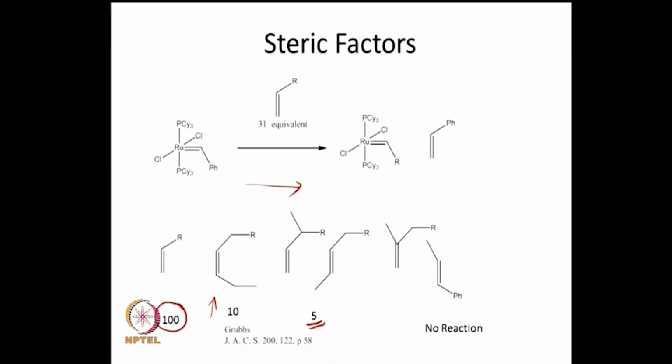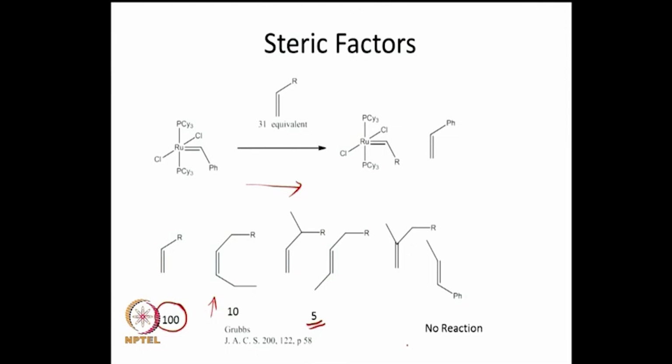If you have a heavily substituted olefin, especially one with a phenyl group, such as a styrene, then the reaction is practically non-existent with the Grubbs first generation catalyst. So, this gives you an idea of how important it is to have very reactive olefins if you want to carry out the reaction in a fast manner.